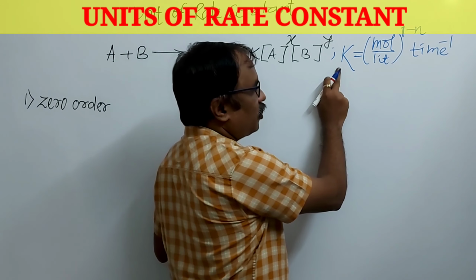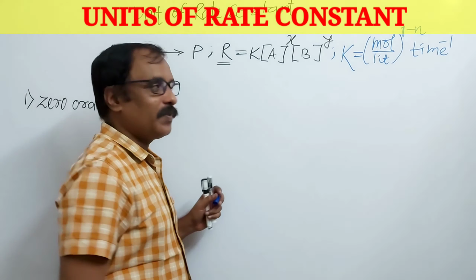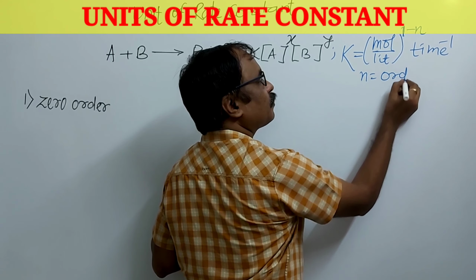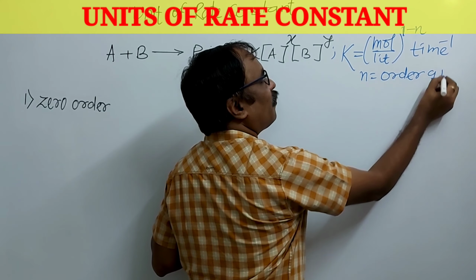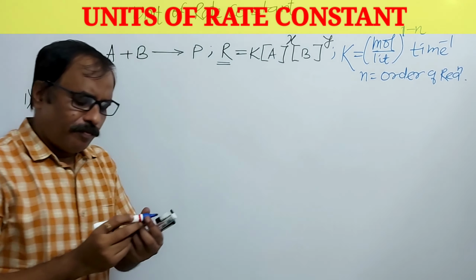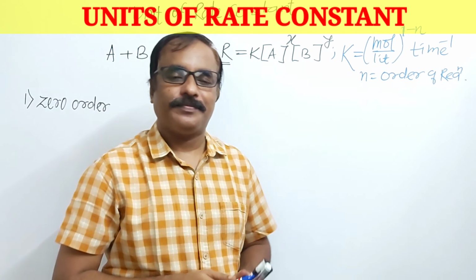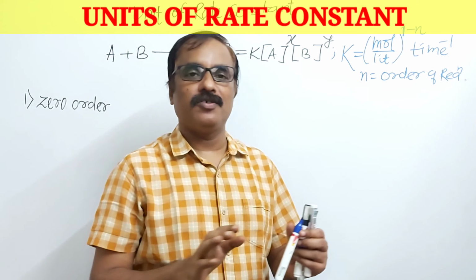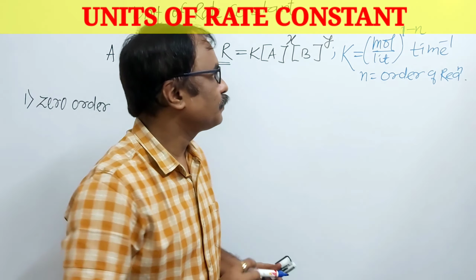Here K is the rate constant, इसका यूनिट हमें फाइंड आउट करना है. What is n? n यानी order of reaction. ये सिंपल सा इक्वेशन हमें ध्यान में रखना है. By using this equation, we can find out the unit of rate constant for any reaction.